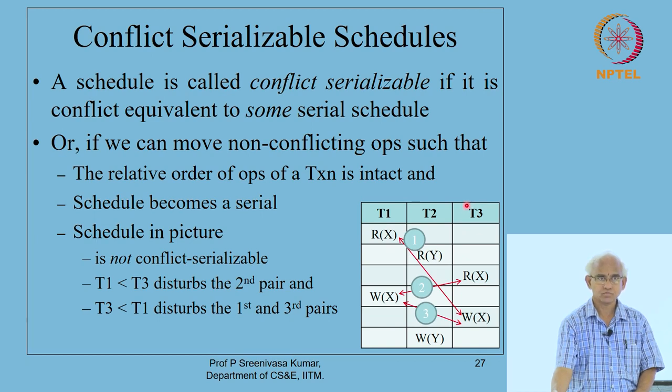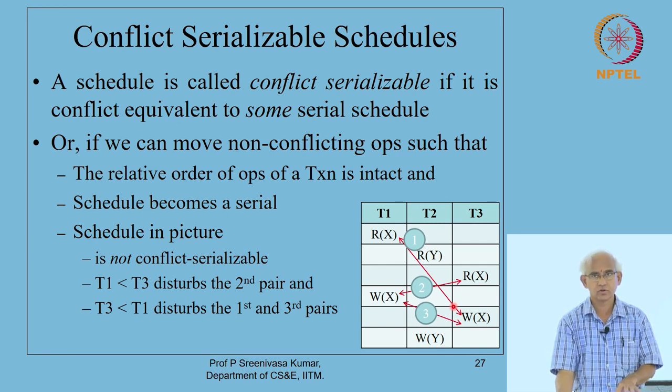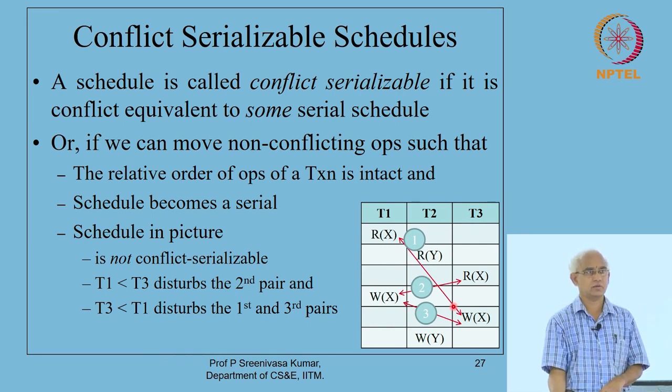That is the only way you can realize a serial schedule involving T3's operations before the T1's operations. So, either way, and these are the only two possibilities, either T1 should come first or T3 should come first.